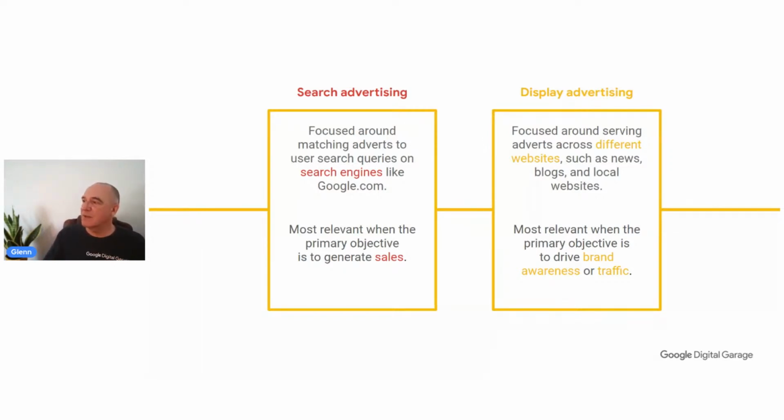But if you're looking at display advertising, you are going to be serving adverts across different websites that you will be choosing, such as news websites, blogs, local websites. Now, as you can see, again, if your goal is to drive brand awareness or to drive traffic through, to really start to get people getting to know you, to recognize you, because your advertising is going to be consistent, you might be building a brand.